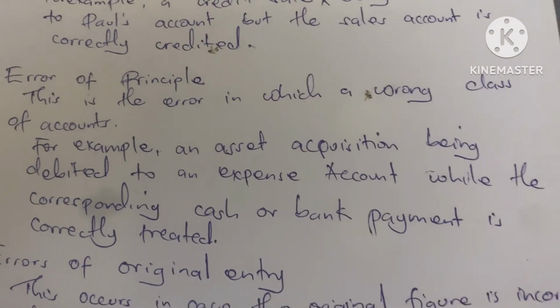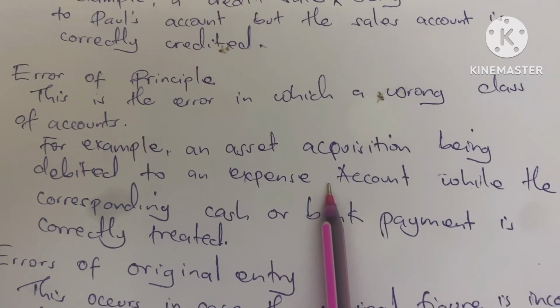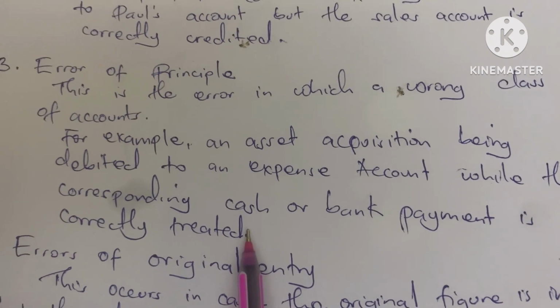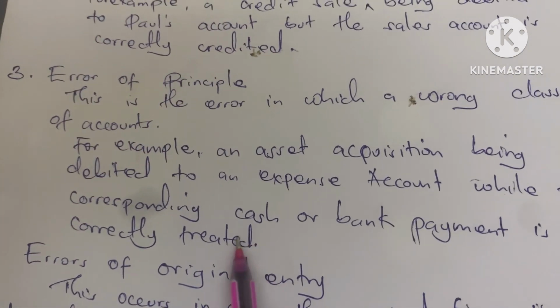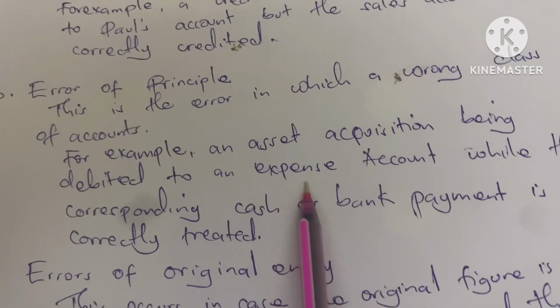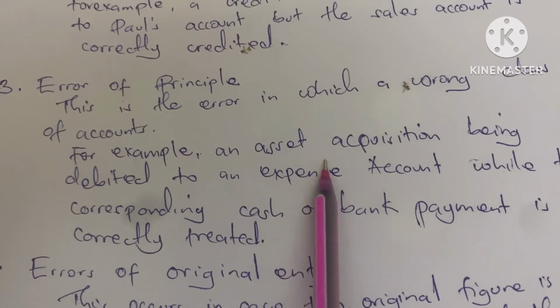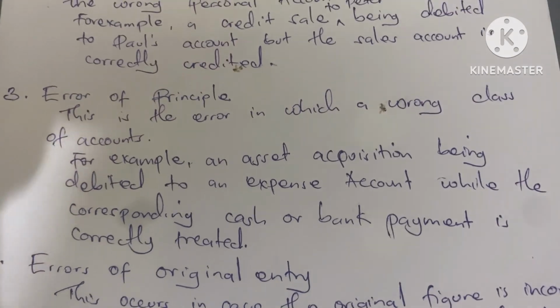Instead of debiting the asset account, they debit the expense account, or the corresponding cash or bank payment is correctly treated. So they have posted it in a wrong class of account. It's an asset, but they recorded it as an expense. So this error will not be detected by the trial balance.